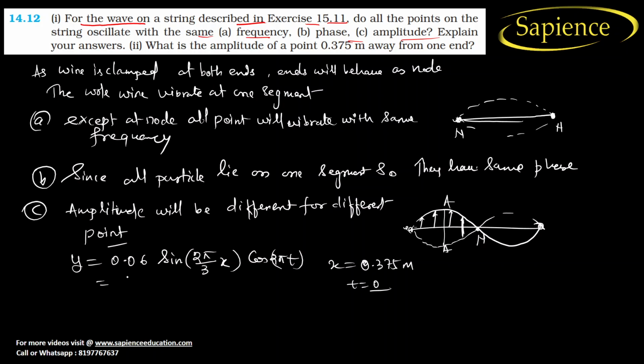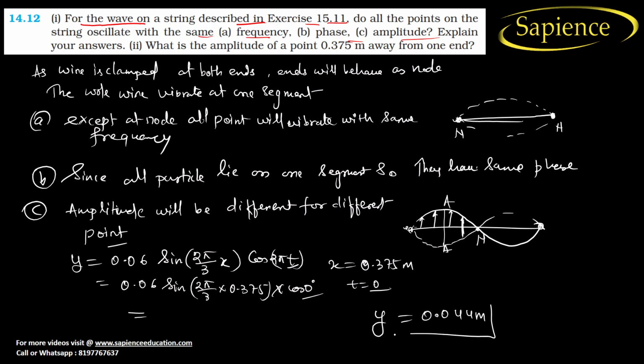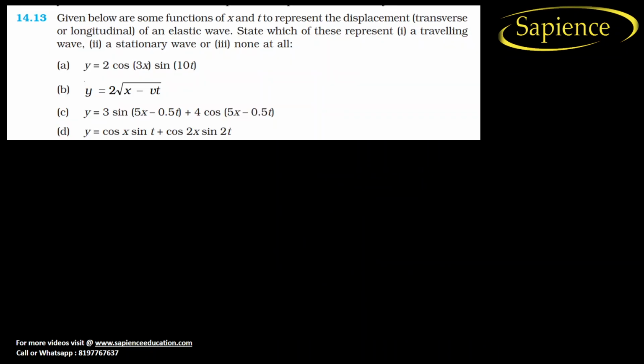At 0 time, the amplitude will be 0.06 sine 2 pi by 3 into 0.375 meter into cos 0. Because t becomes 0, cos 0 will be 1. So finally, the amplitude will be approximately equal to 0.044 meter. This is our required result. I hope you are done with this. Now let us go for question number 13.